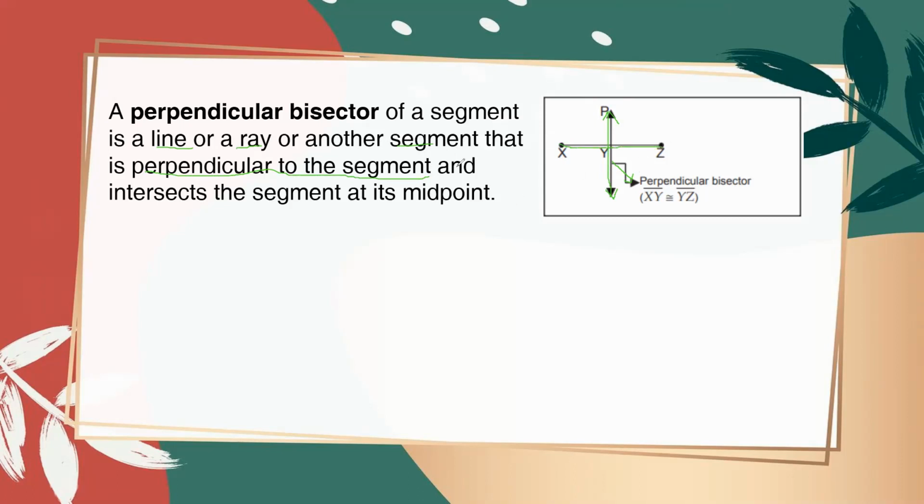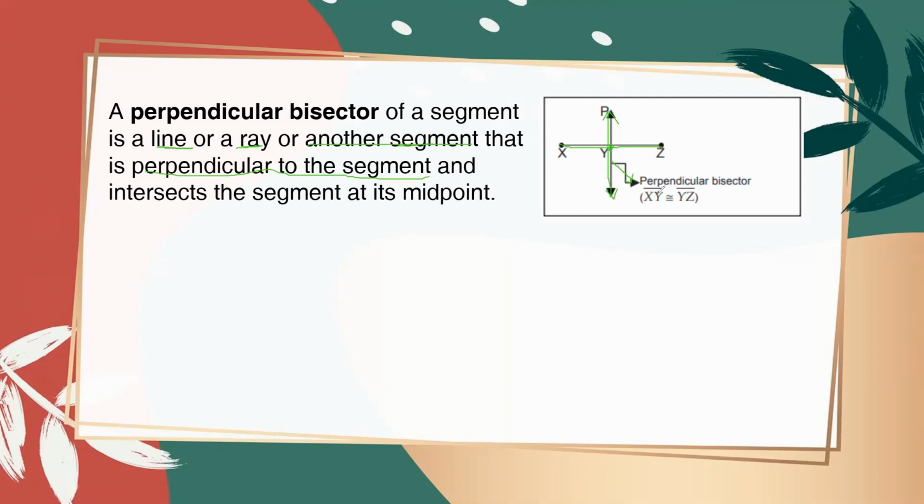And it intersects the segment at its midpoint. They intersect at the midpoint. This is the midpoint, at the center or the middle point of the segment. Therefore, this is a perpendicular bisector. It can be a line, or a ray, or another segment.